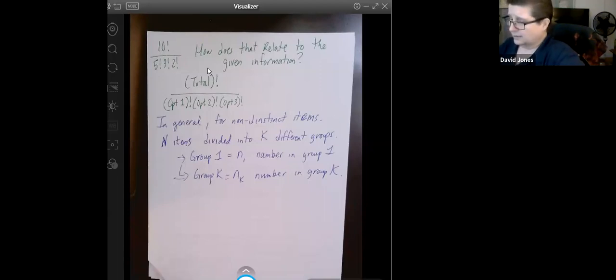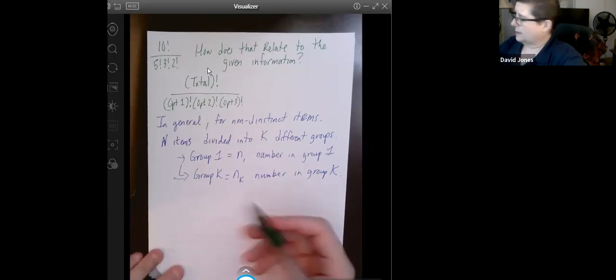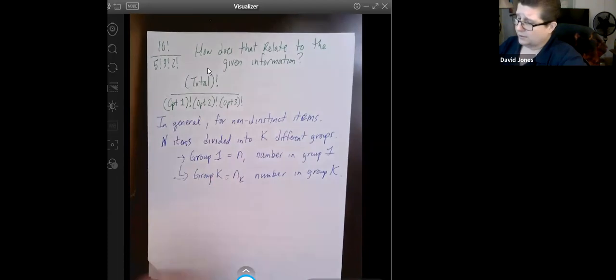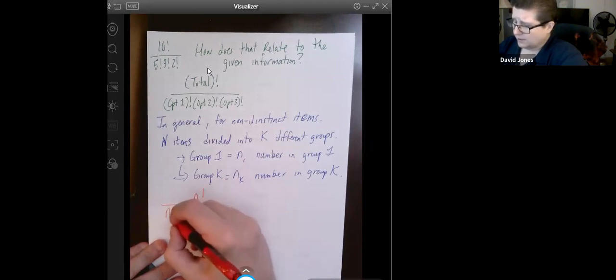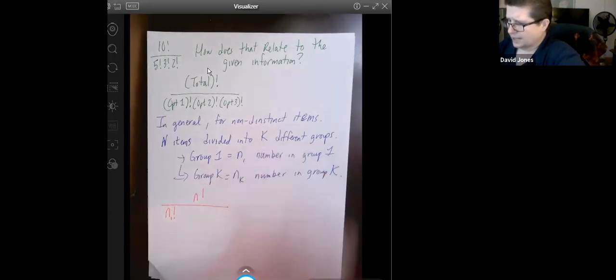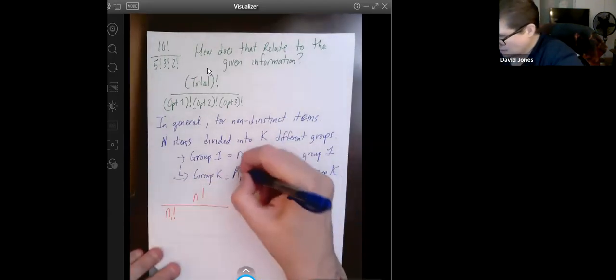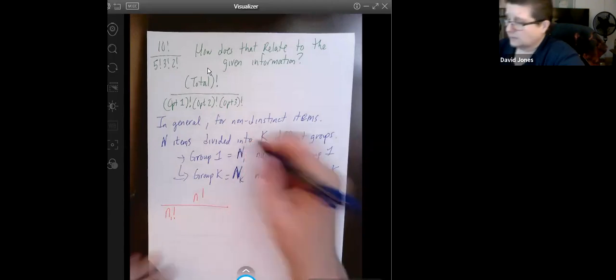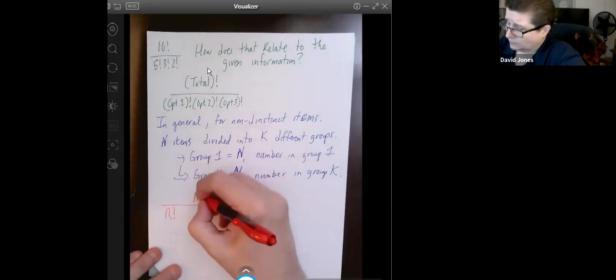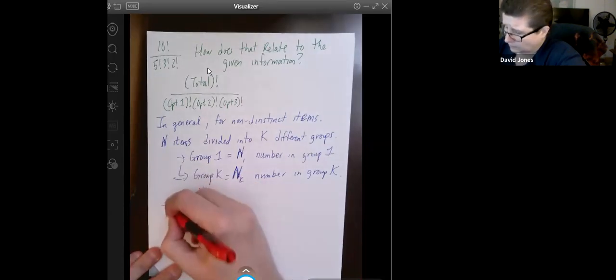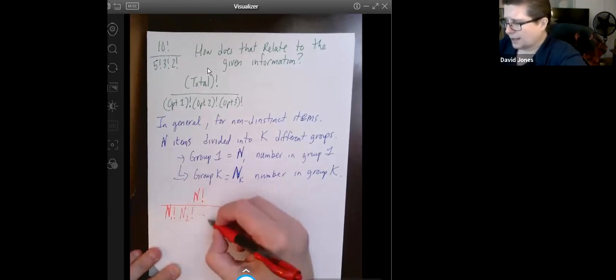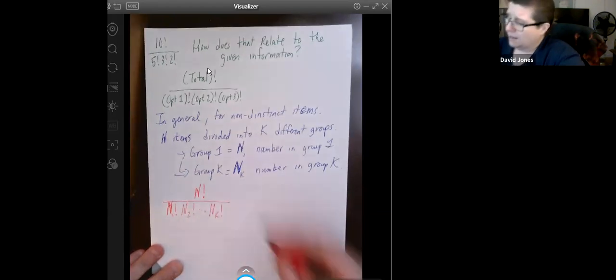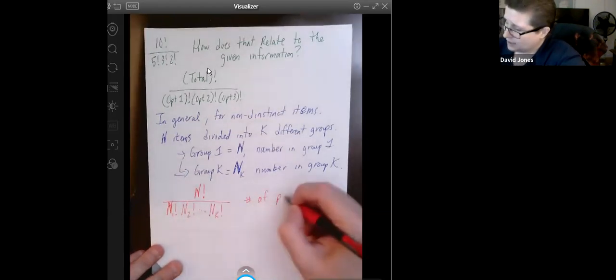What we get is N factorial over N1 factorial, maybe I better use capital N's, times N2 factorial times, keep going, multiplying until you get down to Nk factorial. That is the number of possible combinations.